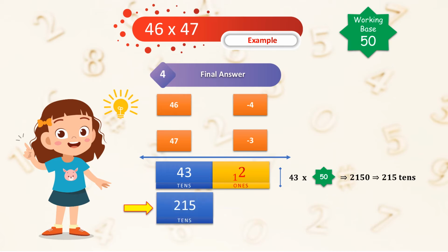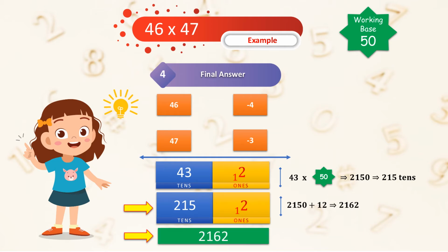So we write 215 tens on the left side and we leave the 12 ones untouched. To get to the final answer, we add the 12 to 215 tens, or 2150 plus 12. That gives 2162 as the answer. So the final answer in 46 times 47 is 2162. That completes the first example.